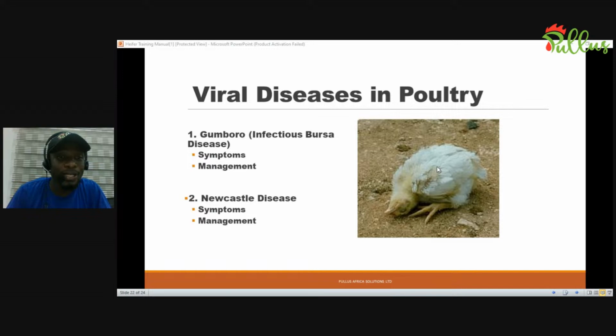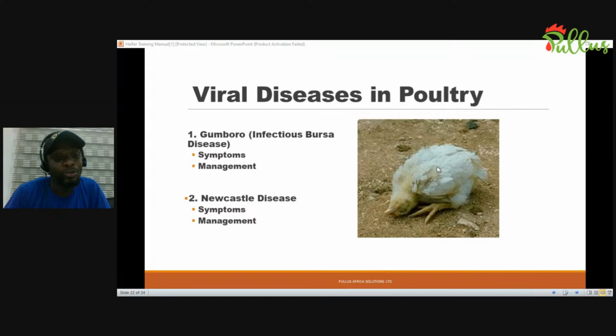You see whitish material, we call it urate, staining their backside. Another thing that differentiates it is you're going to see high mortality coming together at the same time with this whitish diarrhea.